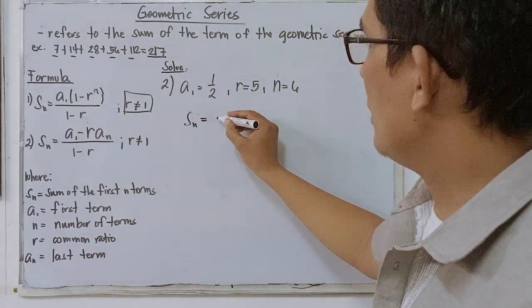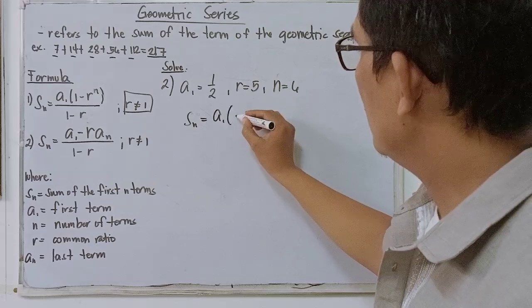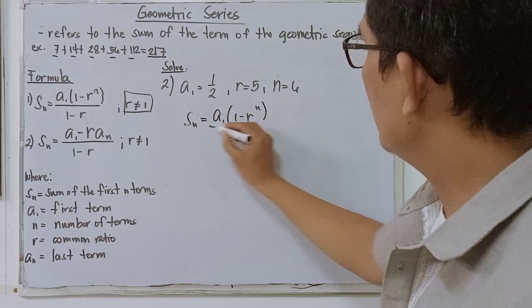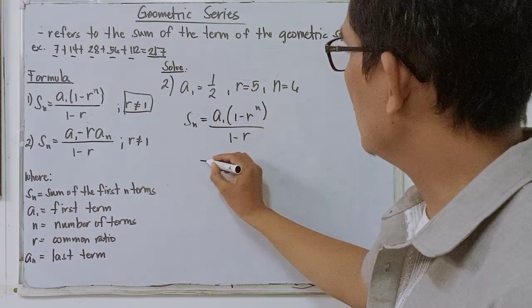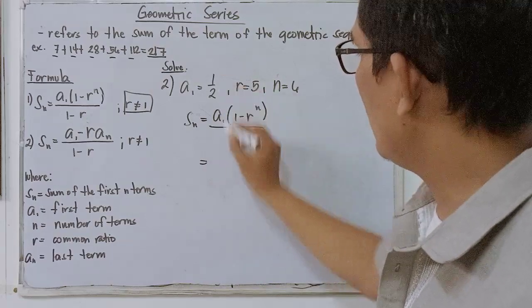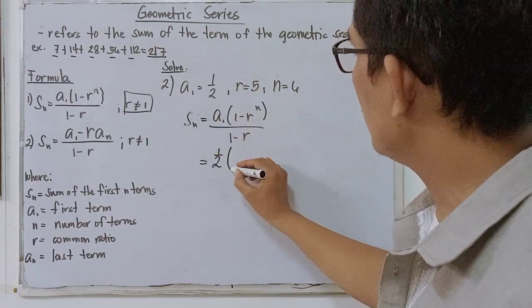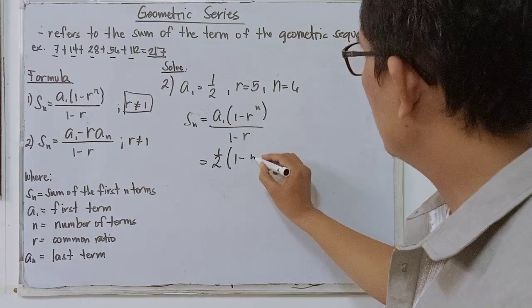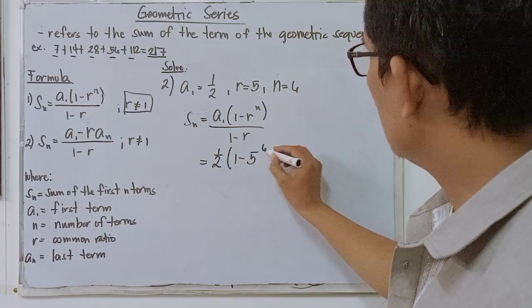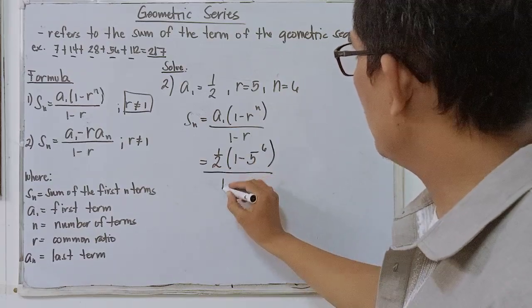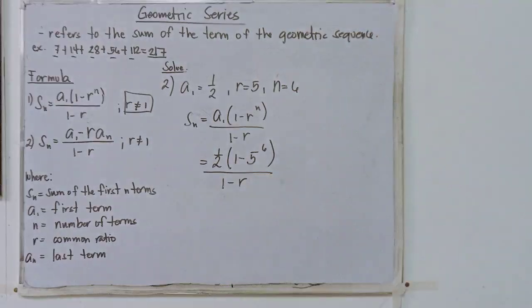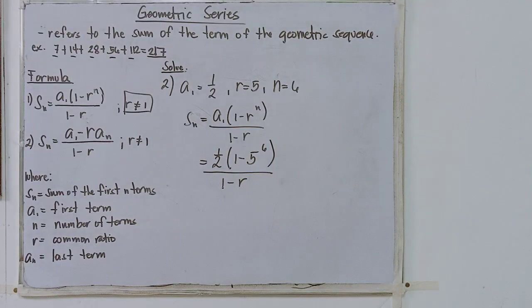S sub n is equal to a sub 1 times 1 minus r raised to n, all over 1 minus r. So just substitute. This becomes 1 half times 1 minus 5 raised to 6, all over 1 minus r. So what is 5 raised to 6?